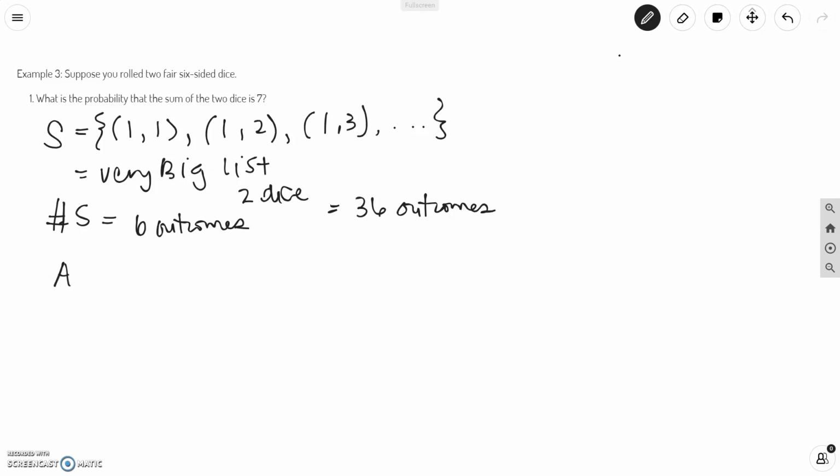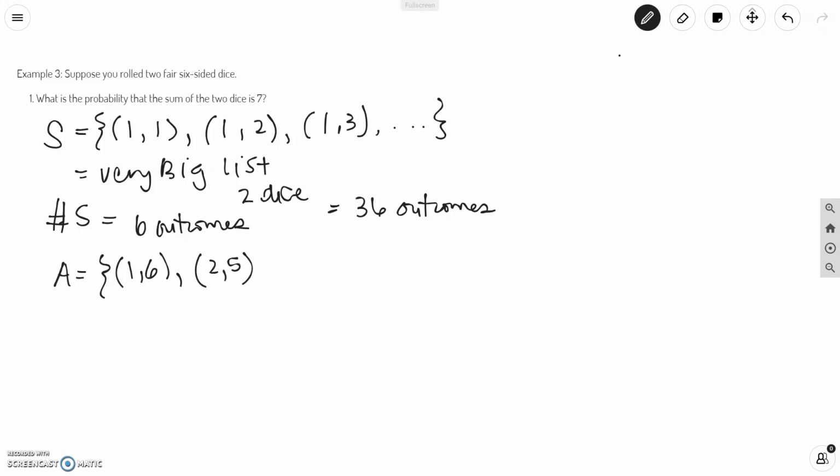Now for A. Let's call A the event that the sum of the 2 dice is 7. Let's list out all of those possibilities. It's possible that the first die is a 1, the second die is a 6. That will give us a sum of 7. It's possible to get the first die a 2, the second die a 5.